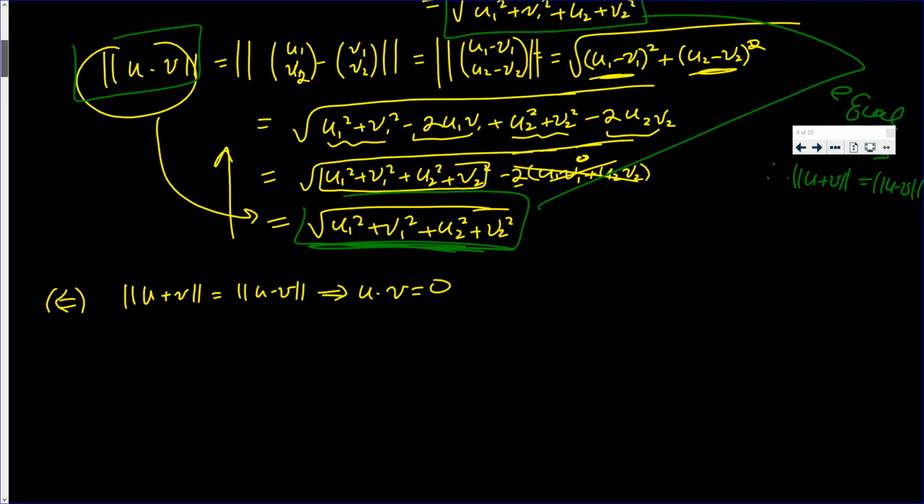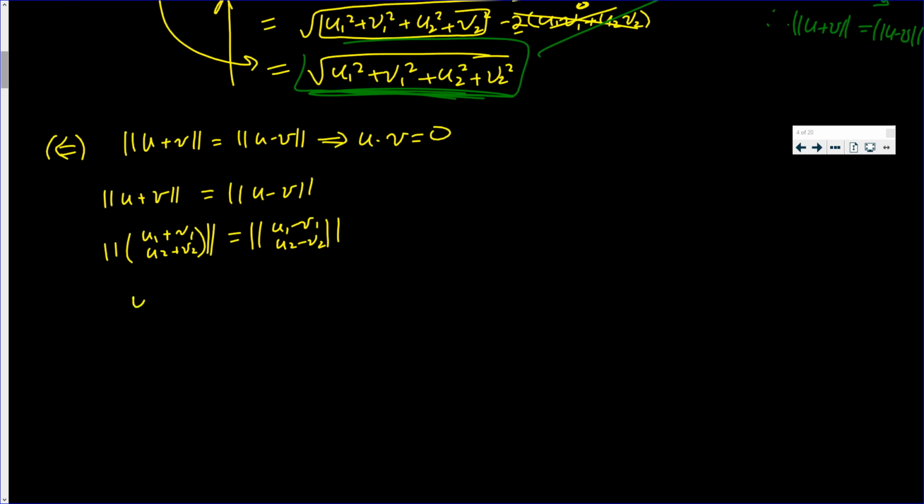So the length of (u1 plus v1, u2 plus v2) is going to equal the length of (u1 minus v1, u2 minus v2).